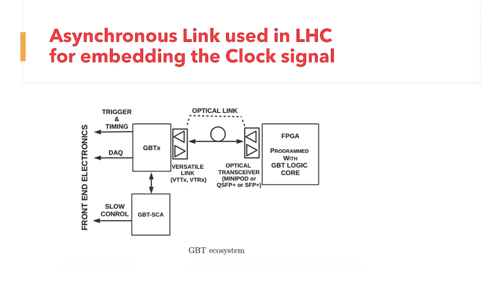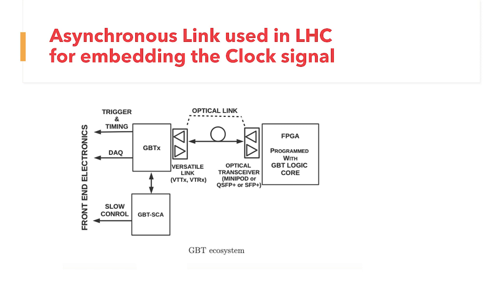And it has an ecosystem. For example, when you plug in a USB, it has the male and female part. Similarly, when PCI Express is plugged in, there are two slots, male slot and female slot, and there are negotiation protocols. Similarly, the GBT ecosystem has three very important parts.